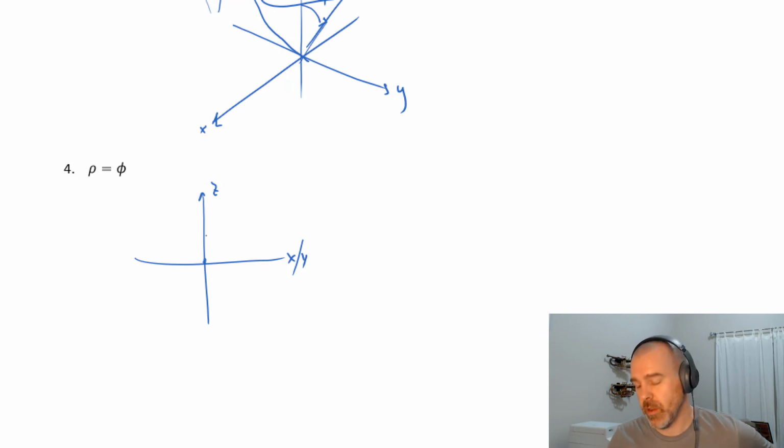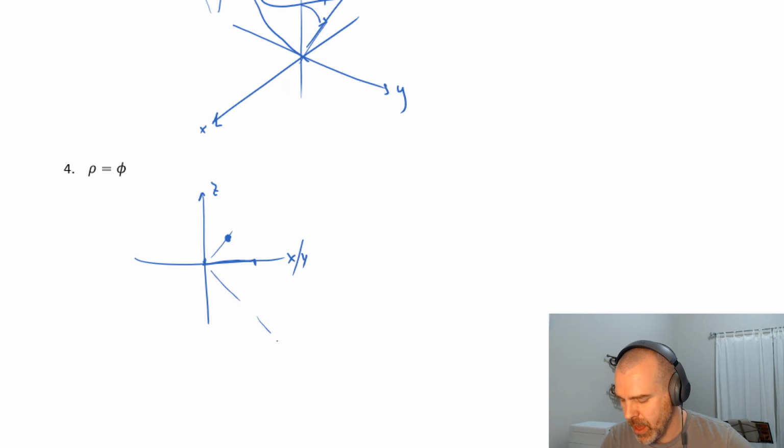As your angle increases, your rho also increases. And so when the angle is pi over 4, you're at a distance of pi over 4. When the angle is pi over 2, you're at a distance of pi over 2. When the angle is 3 pi over 4, you're at a distance of 3 pi over 4. When the angle is pi, you're at a distance of pi.